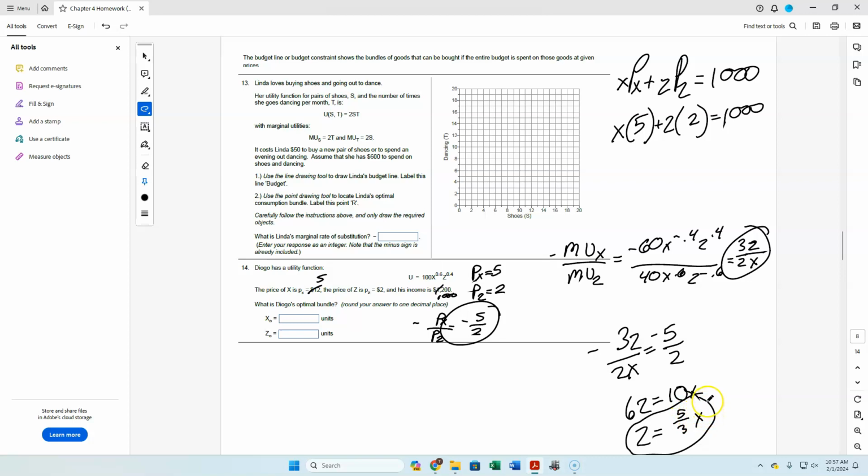Now, the beauty of that is look what I'm going to do. I'm going to put it in right here. So now I'm going to have 5x plus 2 times 5/3 x. This is a 2, remember, not a z. So now I would have 5x plus 10 over 3 x equals 1,000.